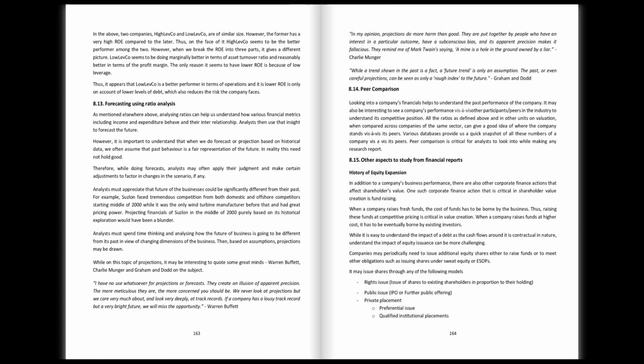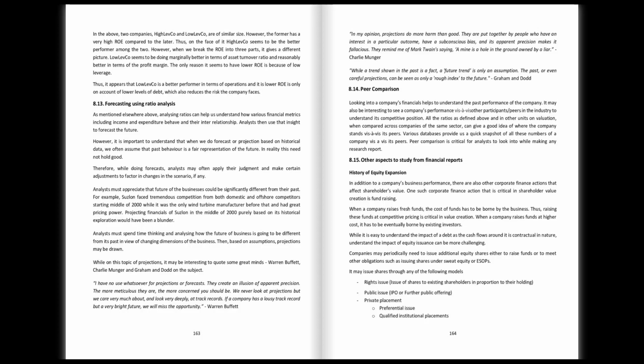Let us use the following example to understand the relevance of this analysis. In the above, the two companies, High-Lev Co. and Low-Lev Co. are of similar size. However, the former has a very high ROE compared to the latter. Thus, on the face of it, High-Lev Co. seems to be the better performer among the two. However, when we break the ROE into three parts, it gives a different picture.